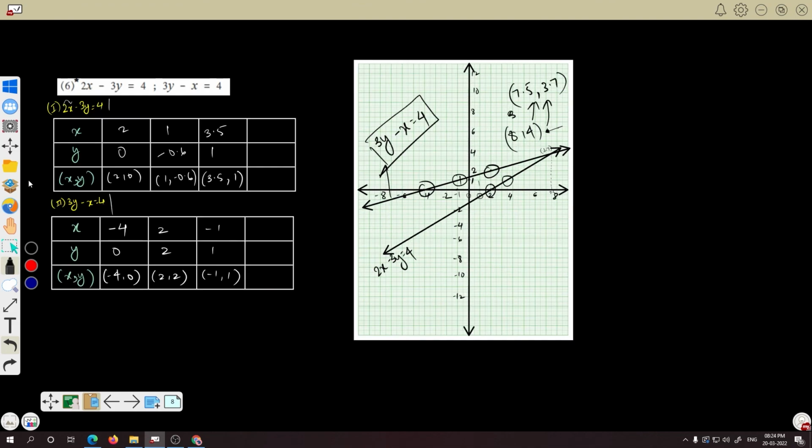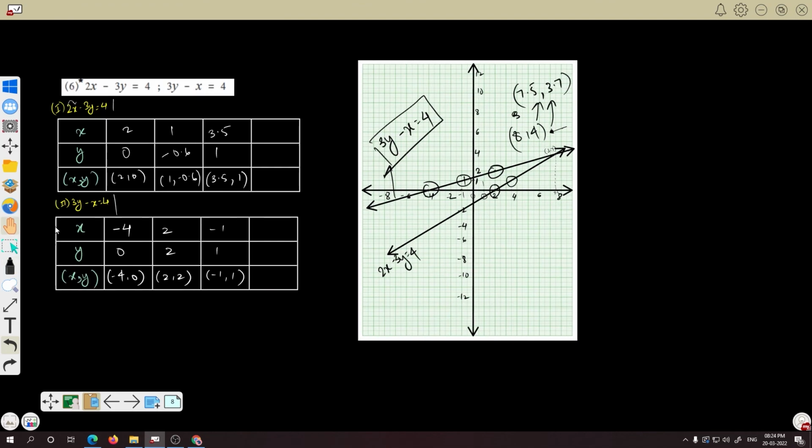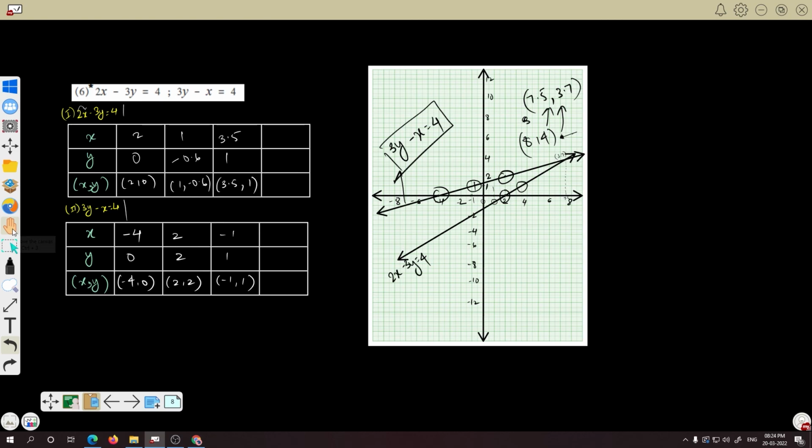So this was all about the graphical method by which we can find the solution of simultaneous equations. Again I am repeating, question number 5 and question number 6 have decimal values.